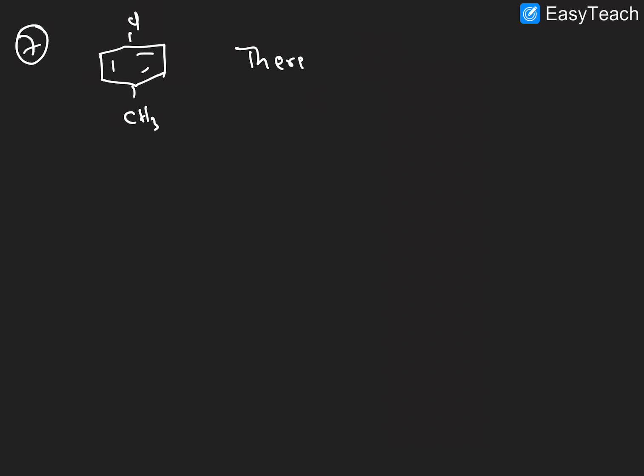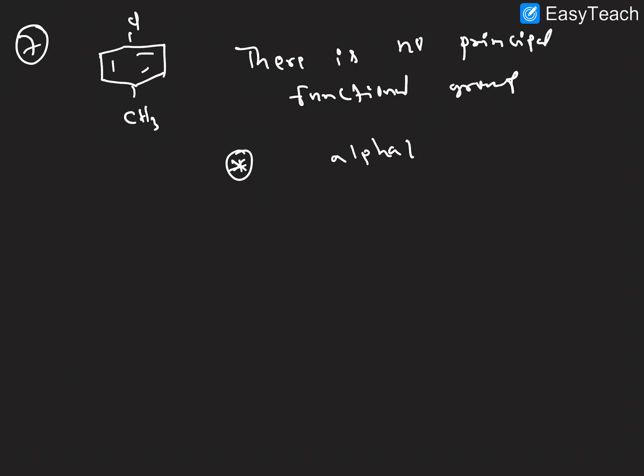There is no principal functional group, so here we want to follow the alphabetical order. Which one comes first in the alphabet? Obviously chlorine. So we give 1, 2, 3, 4.